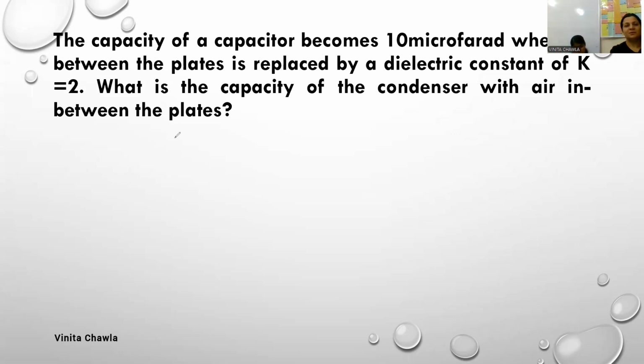So capacitance becomes 10 microfarad when a dielectric slab is introduced between the plates, and the dielectric constant is given, K is 2. We have to find the capacity of the condenser with air in between the plates.